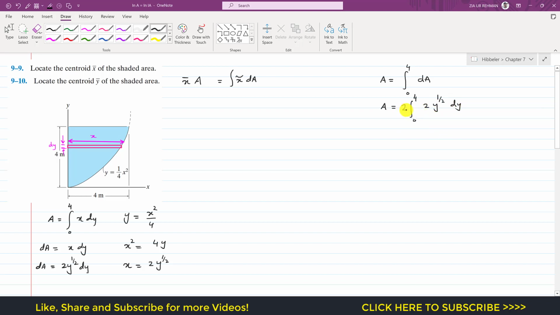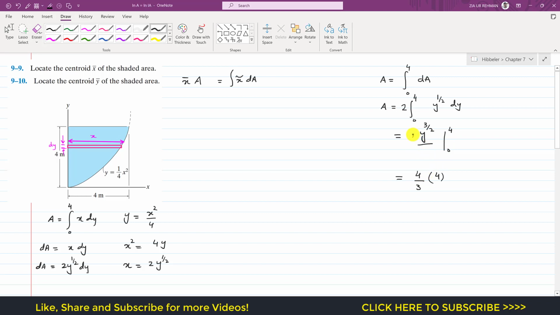I can write this 2 outside of the integral since it's constant, and when I integrate this, it is 1 divided by 2 plus 1, so this is y to the power 3 divided by 2, divided by 3 divided by 2, from 0 to 4. So this will become 2 into 2, 4 divided by 3.